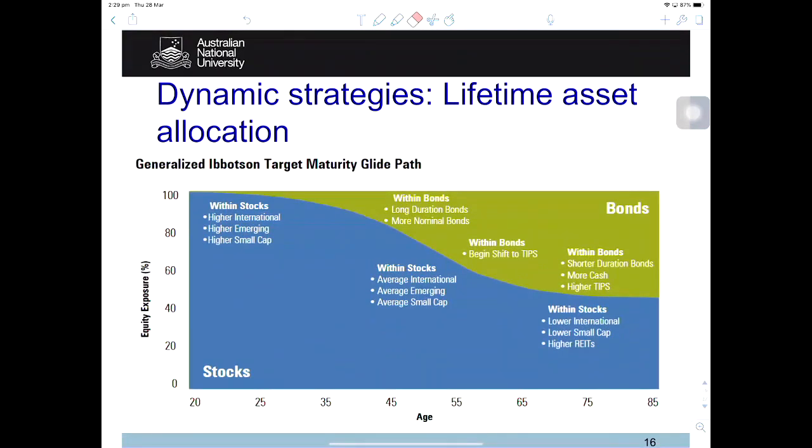Next one is dynamic strategies or lifetime asset allocation. 15 years ago, it was only emerging in the funds management industry, especially in the super funds industry in Australia. But right now, every single funds manager or super fund manager offers this option of target date funds investment within their super or investment as well.